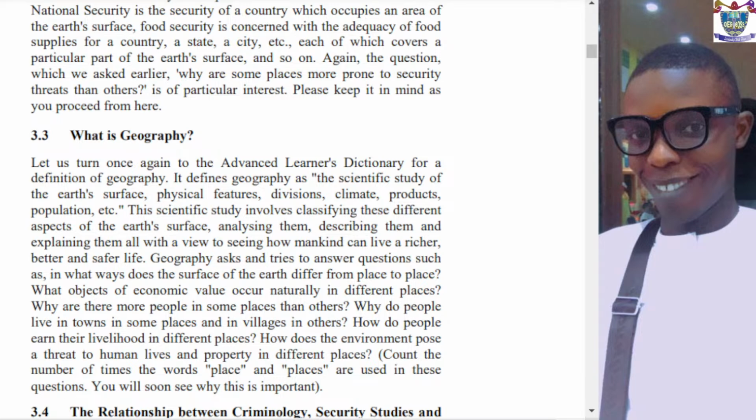It defines geography as the scientific study of the Earth's surface, physical features, divisions, climate, products, population, etc. It can raise rich questions such as: in what ways does the surface of the earth differ from place to place? What objects of value occur naturally in different places?